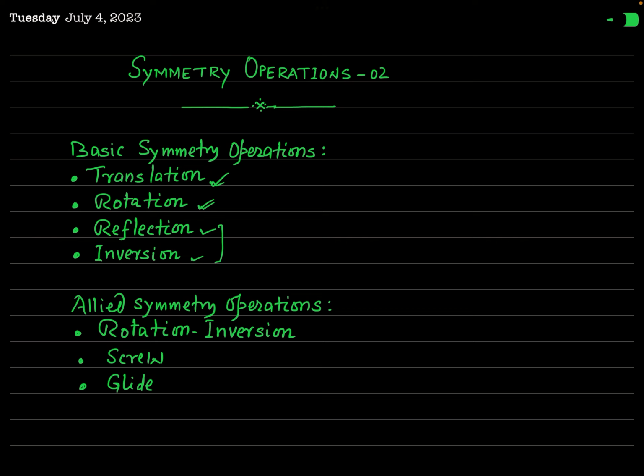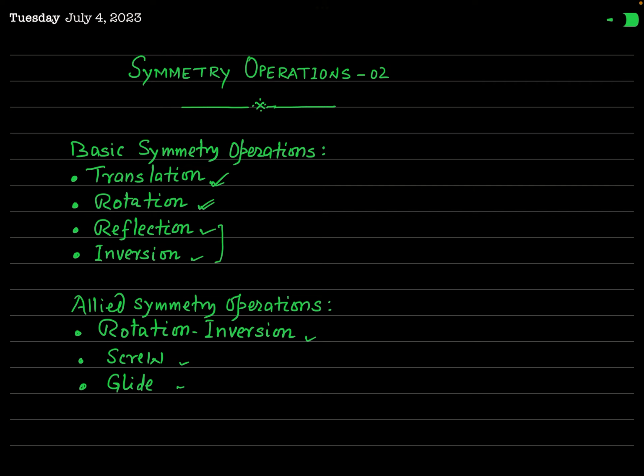Apart from that, by the combination of the basic symmetry operations, we get some new allied symmetry operations, among which three are very important: rotation inversion symmetry, screw symmetry, and glide symmetry. So today we will learn about all the remaining symmetry operations in this lecture.